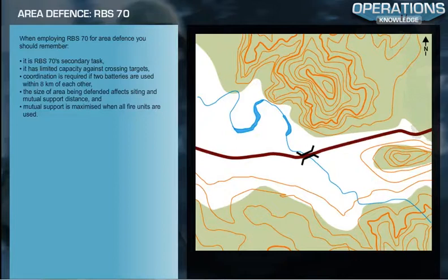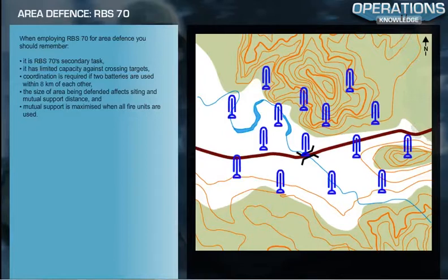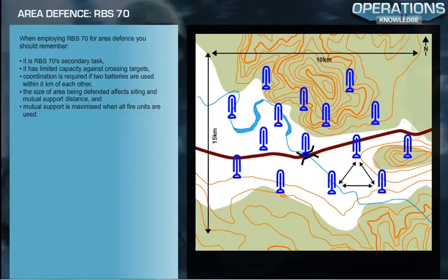Ideally, mutual support occurs through detailed sighting that enables at least 3 fire units to effectively engage any target. The sighting of the RBS-70 fire units and the associated mutual support distance is primarily dependent on what the dimensions are of the area to be defended. When all fire units are utilised, mutual support is maximised.